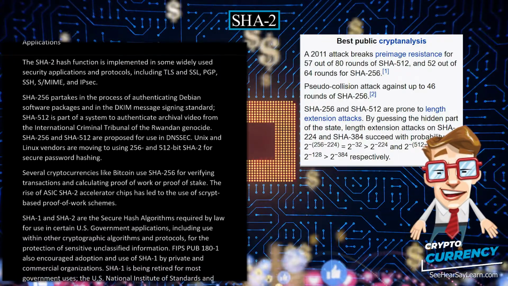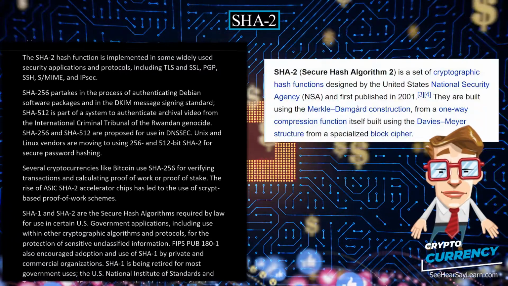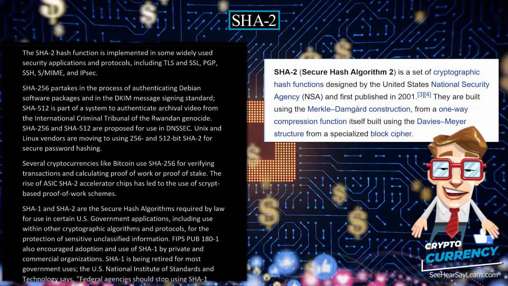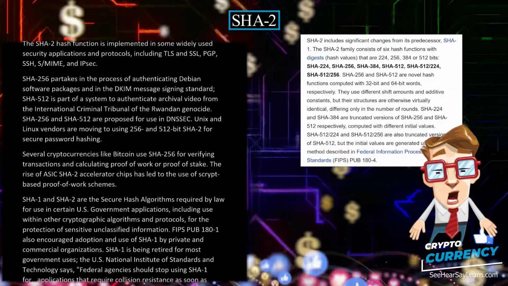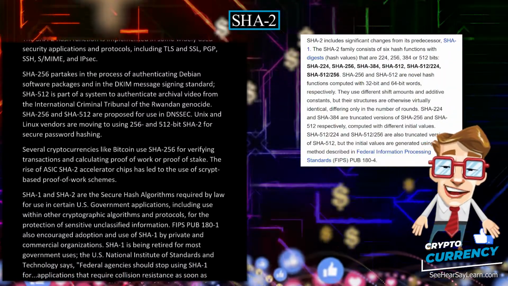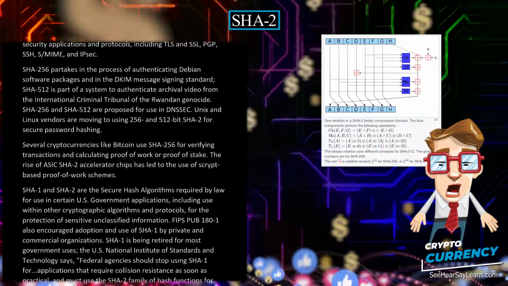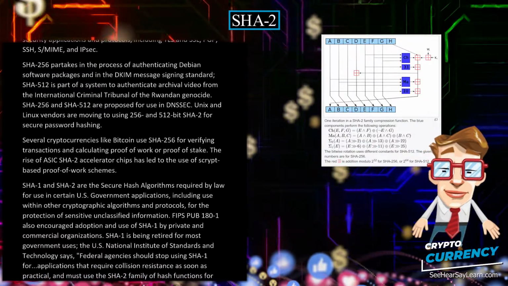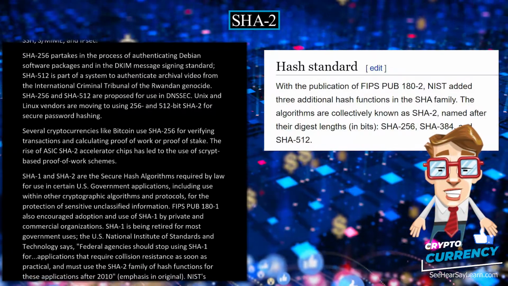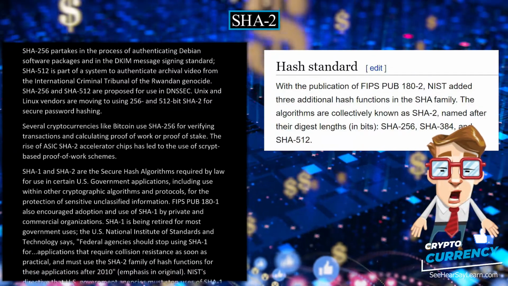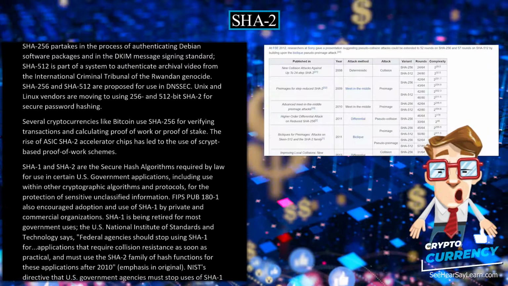Applications. The SHA-2 hash function is implemented in some widely used security applications and protocols, including TLS and SSL, PGP, SSH, S/MIME, and IPsec. SHA-256 partakes in the process of authenticating Debian software packages and in the DKIM message signing standard.